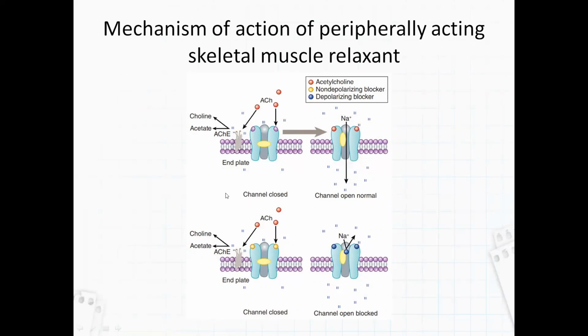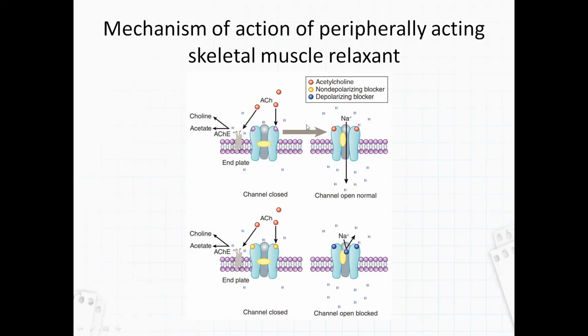This is a normal stimulus, this is the acetylcholine. This will attach to the nicotinic receptor, due to which the gate will be opened, the channel will be open and sodium will go inside.